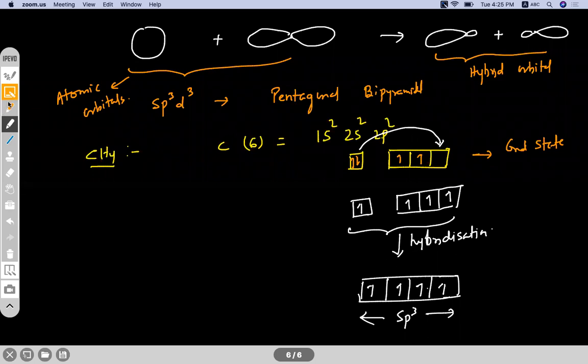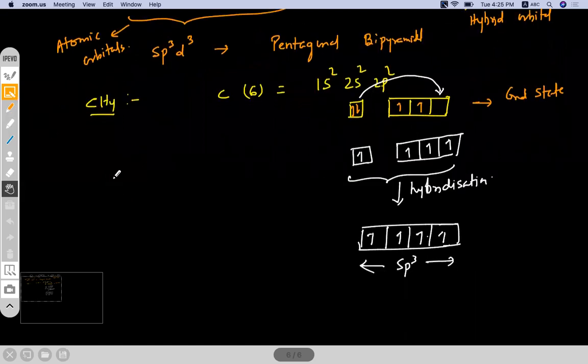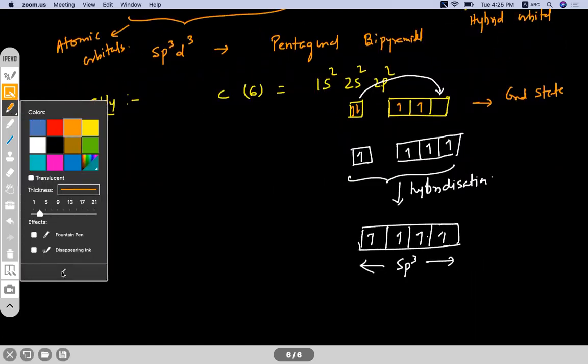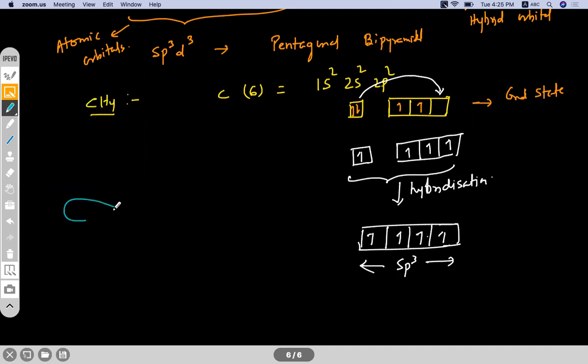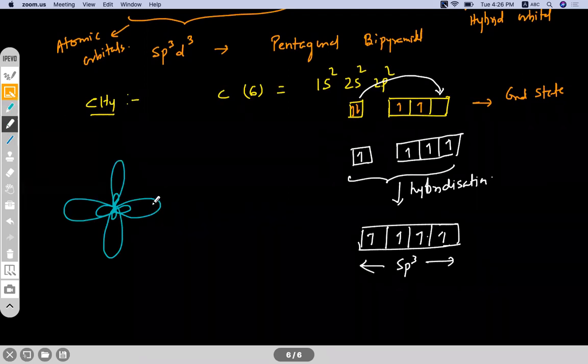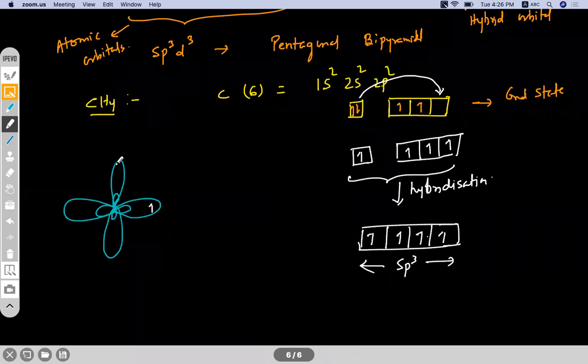If you look at this structure, we have 4 sp3 hybridized orbitals. The sp3 hybridized orbitals are this: 1, 2, 3, and 4, of carbon, which has 1 electron each, as written here.